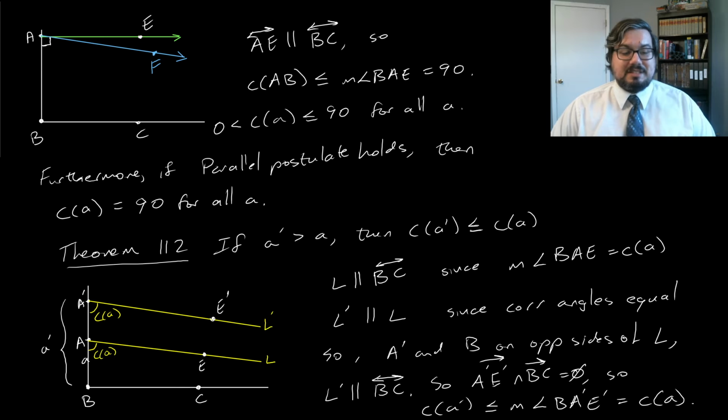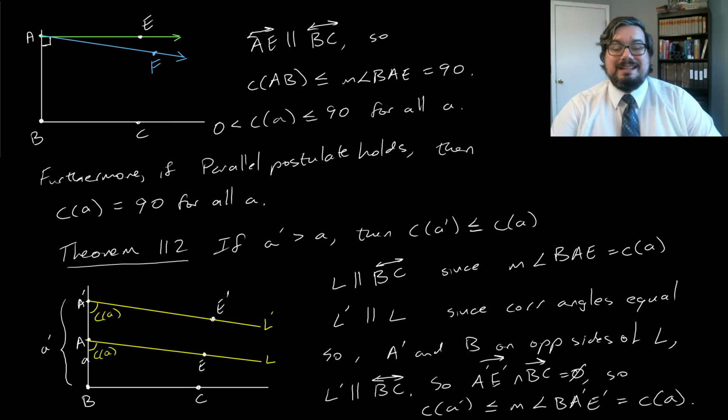This is just saying that the critical numbers can't be getting any bigger as you increase the distance from B to A. They can only get smaller, but they might stay the same. In fact, if the parallel postulate holds, then the critical number is just always 90. But let's consider what happens if the critical number is less than 90 for some value of A.